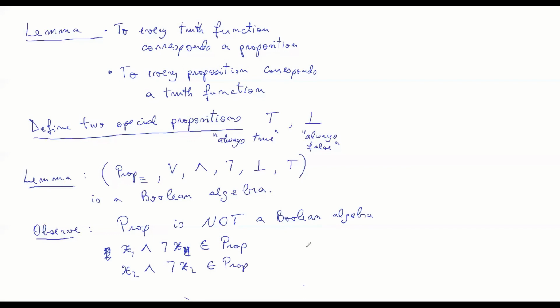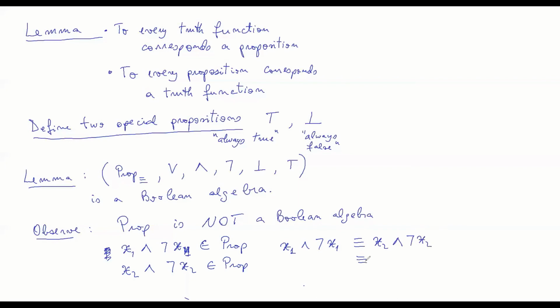But in prop equivalent, these two propositions are seen to be equivalent. They have exactly the same value for all possible valuations of x1 and x2. And in fact, x1 and not x1 is equivalent to x2 and not x2.